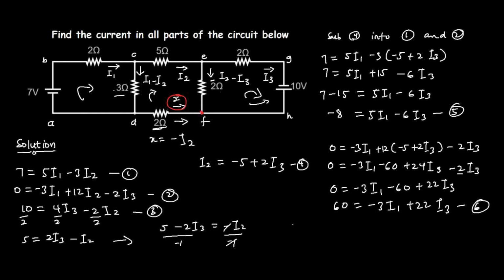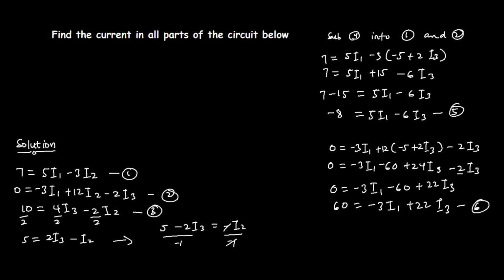Okay, so now our main focus is going to be on equation 5 and then equation 6. Since our main focus is on equation 5 and equation 6, I've taken out the question so that we get more space to solve for the remaining part.